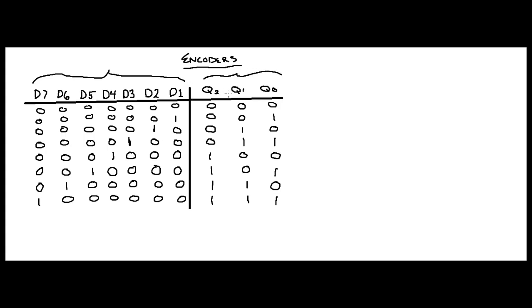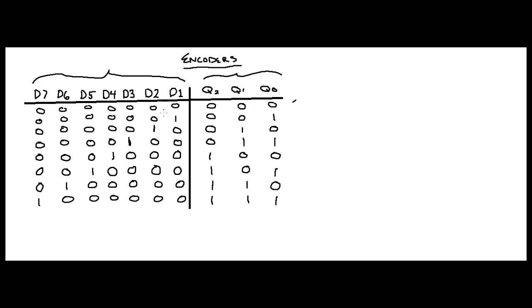Get it? So if we were going to write equations for this encoder, let's talk about this. You can see that for 0, all your inputs are 0. You're going to have Q2, Q1, and Q0 be 0 on the output.